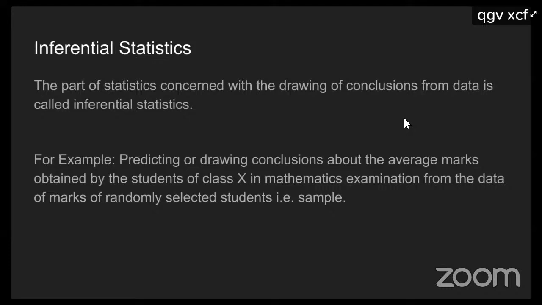Suppose the average of those 5 students is 60, and after that you conclude that the average marks of the whole class is 60. Then on the basis of a sample of 5 students you are making a conclusion for the whole population, the whole class. So when you draw a conclusion for the population on the basis of sample data, the study is inferential. Is it clear to everyone?